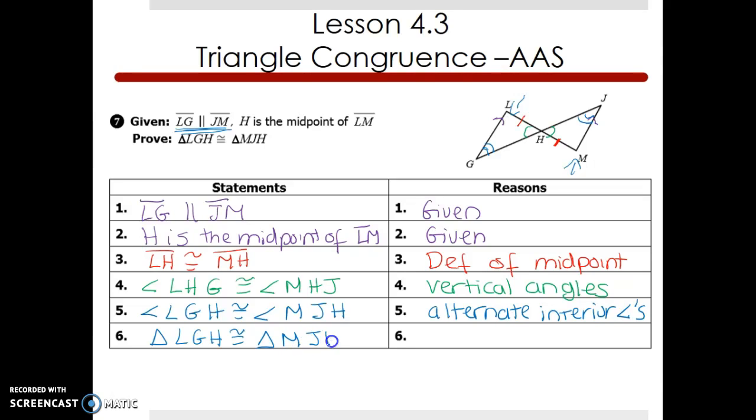And based on the picture, the triangles are congruent because of angle, angle, side. So some of the proofs might have two answers. If you use these ones instead, you could have gotten angle side angle as your reason. And that's perfectly fine as long as you prove the triangle congruent.